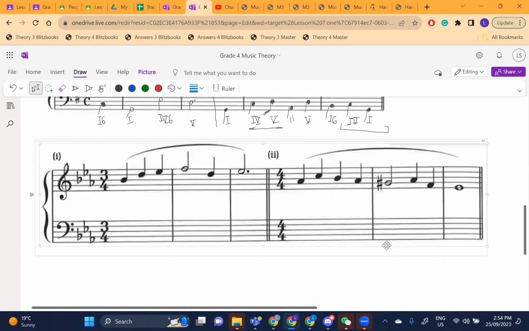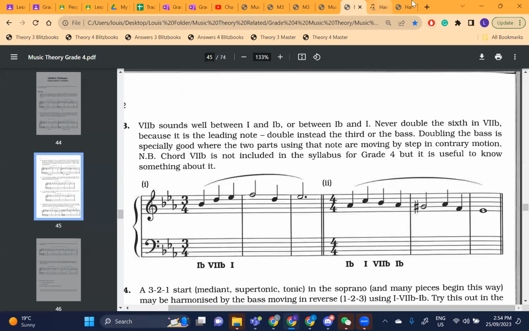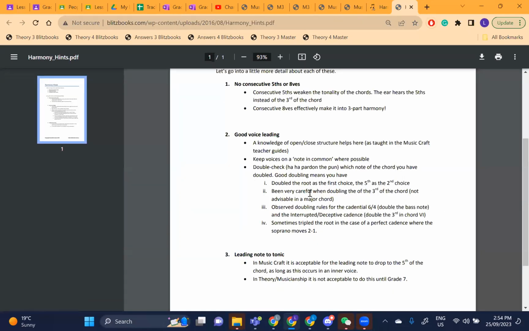Has everyone copied that down? Here are your harmony rules. By the way, do you know what chords are major and minor in a major key?